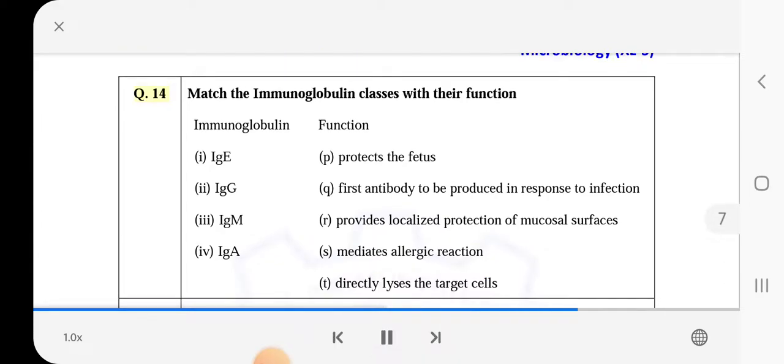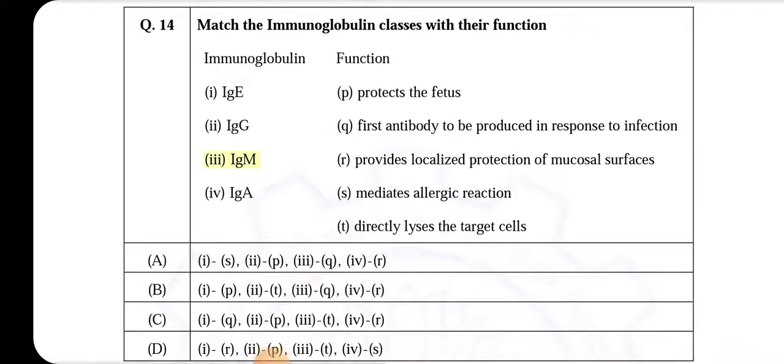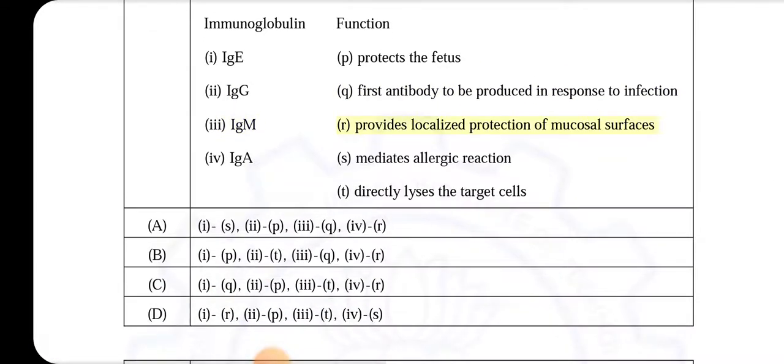Q.14 Match the immunoglobulin classes with their function. Immunoglobulin: I. IgG, II. IgM, III. IgA, IV. IgE. Function: P. Protects the fetus. Q. First antibody to be produced in response to infection. R. Provides localized protection of mucosal surfaces.